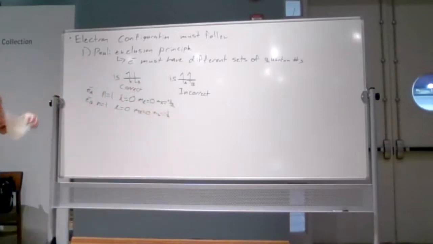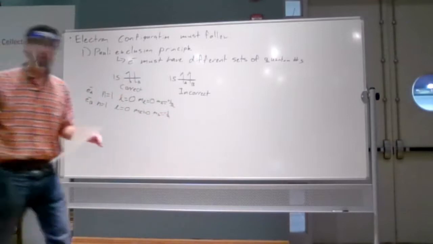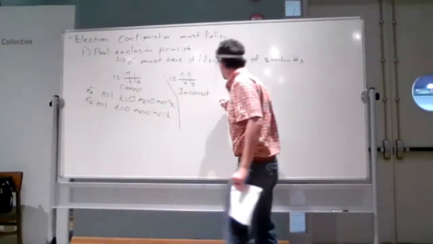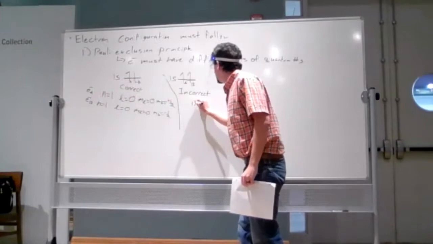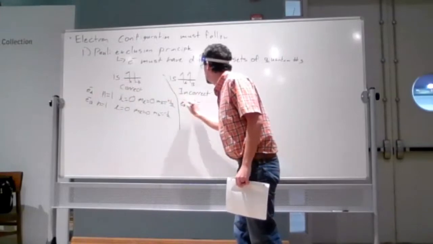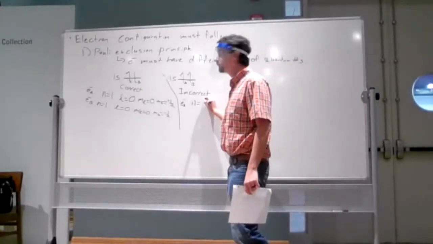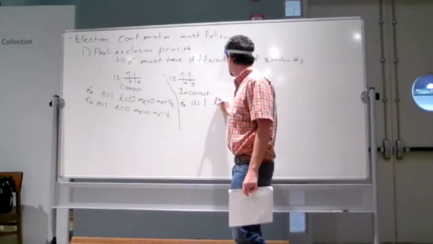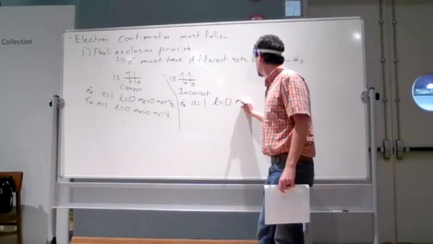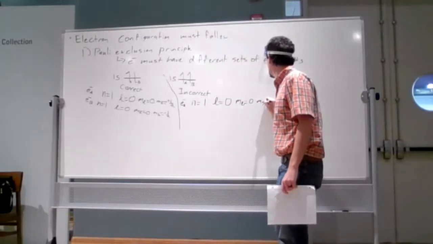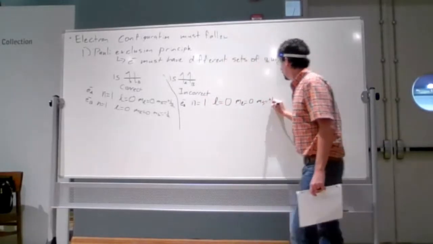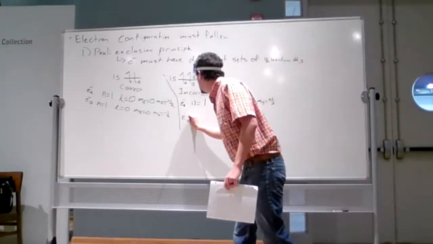Yep. Okay, now let's look at the incorrect one. Let's try to determine why it's incorrect. For electron A, what's my n value? 1. L? M sub L? M sub S? Yep. What about electron B?